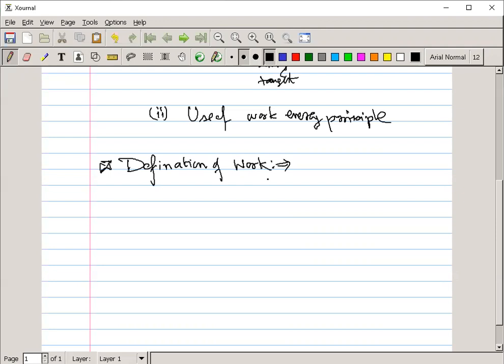Here we can say a force is acting on a particle. Consider a particle A moving along a path.